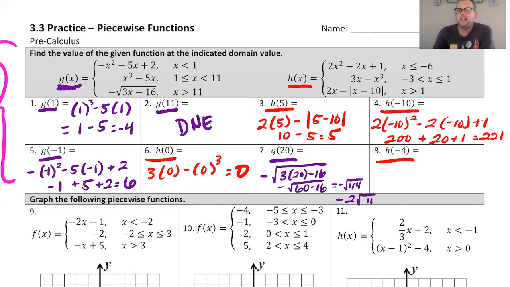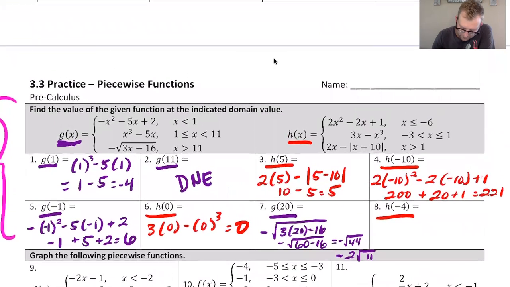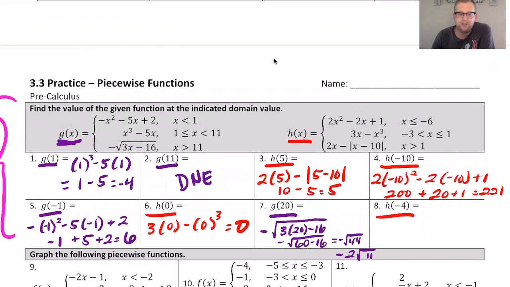All right, finally, h of negative 4. Negative 4 is not less than or equal to negative 6. And it's also not between negative 3 and positive 1. So once again, we have an issue where negative 4 is not in the domain of this piecewise function, so DNE.